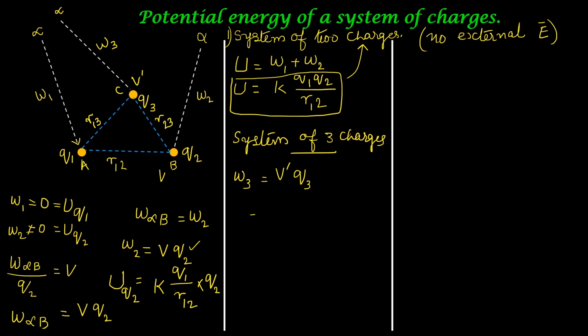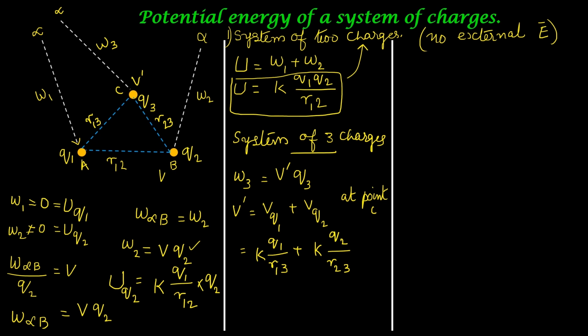V dash at C is equal to potential due to Q1, that is V Q1, plus potential due to Q2, that is V Q2, equal to K Q1 by R13 plus K Q2 upon R23.